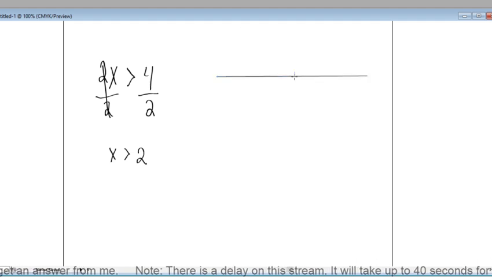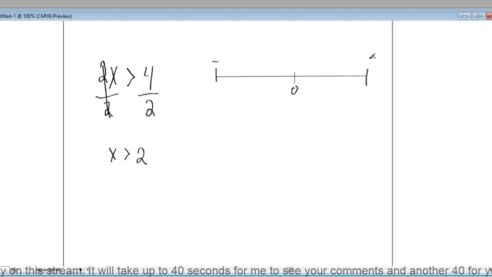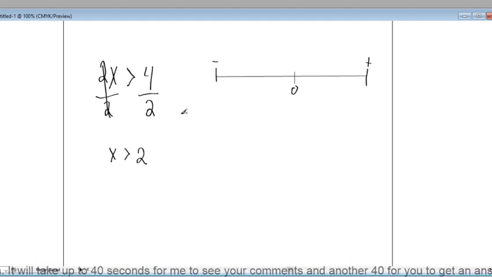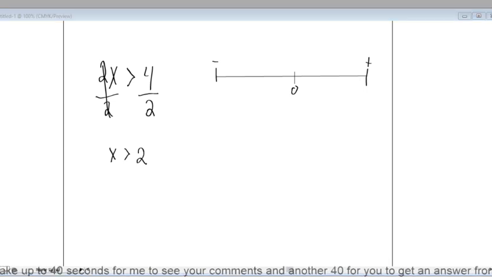And I'm going to say that here about in the middle is 0. Okay, and then over here are the negative numbers, and over here are the positive numbers.